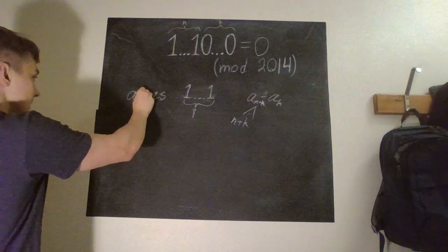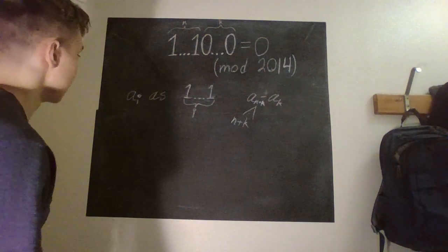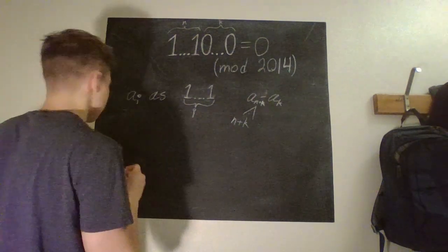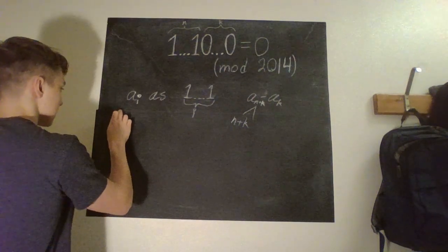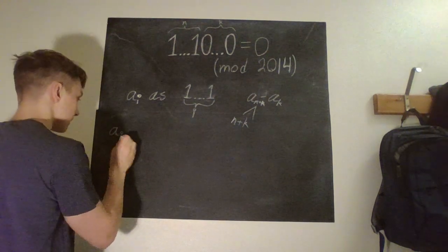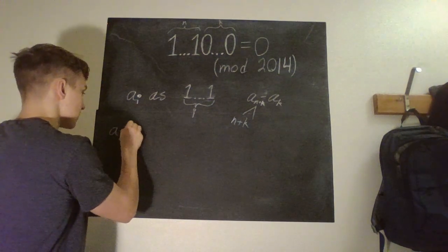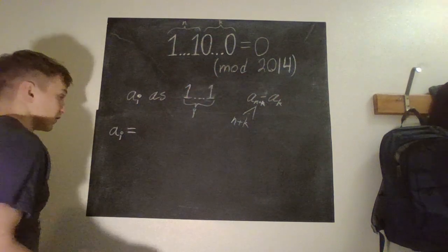A with an index i represents the number filled with ones, with i many ones. If we then consider this as a list and then create two new lists by putting up the modulus equation for 2014.